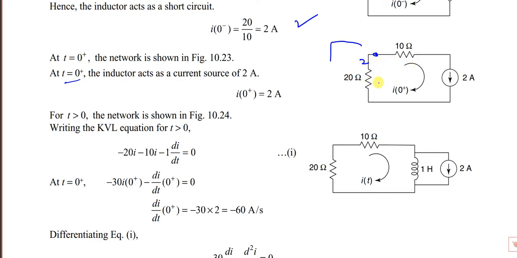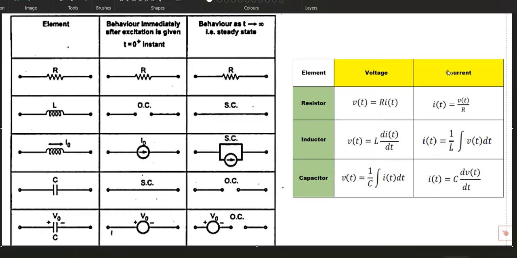Now what is the equivalent circuit? At t equals 0 plus, the inductor acts as open circuit, but here 2 amps is written. The reason is that if any initial current was flowing in the inductor before switching, then after switching you have to replace it with a current source.